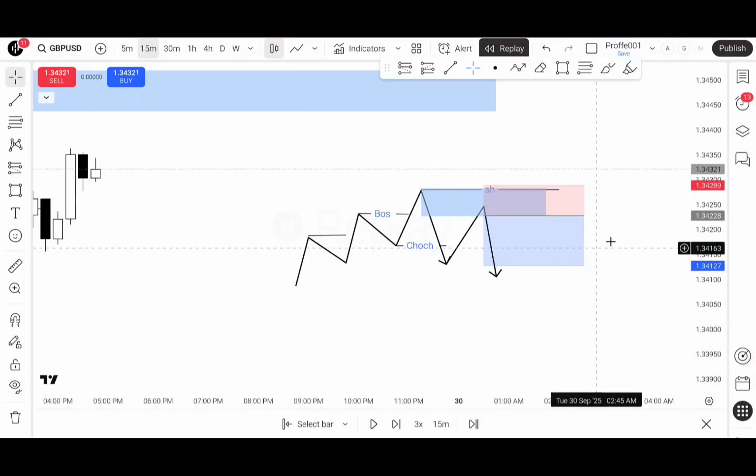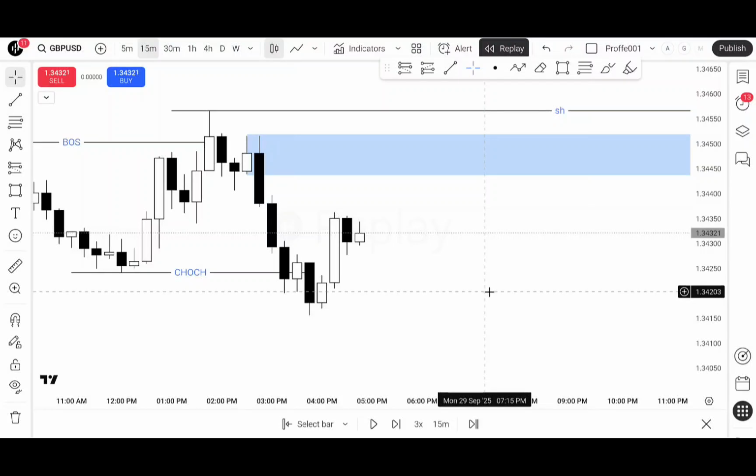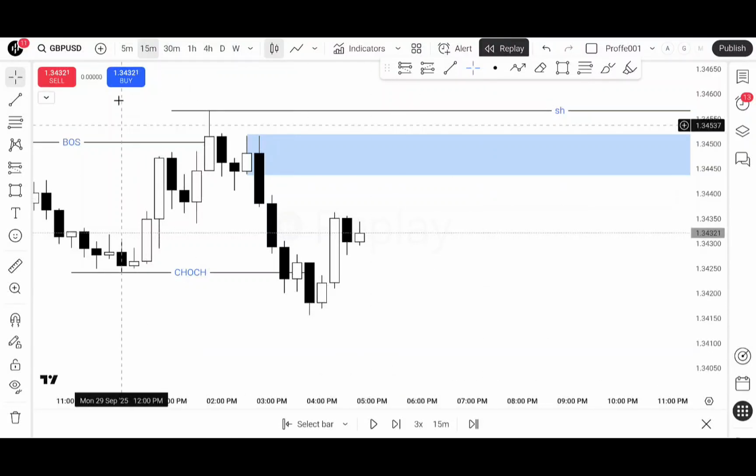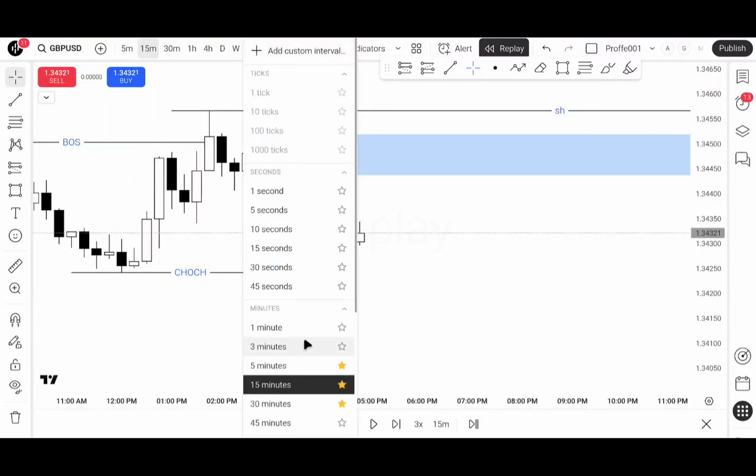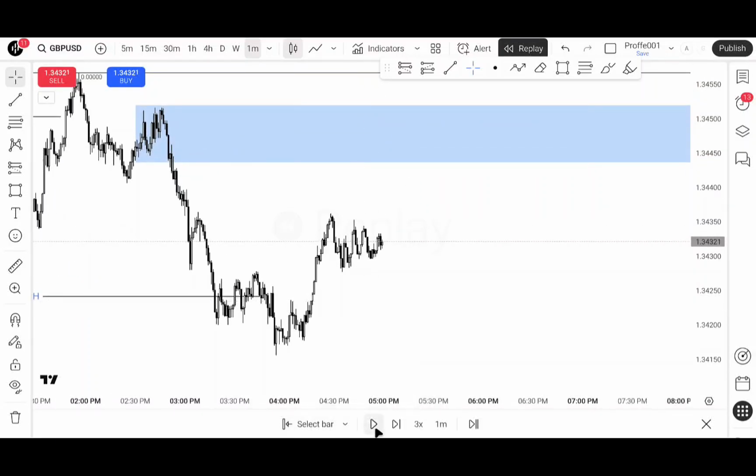Exactly. Now let's play it here and see how it works. Let's step down to the 1-minute time frame. Let's play price and see how it works.